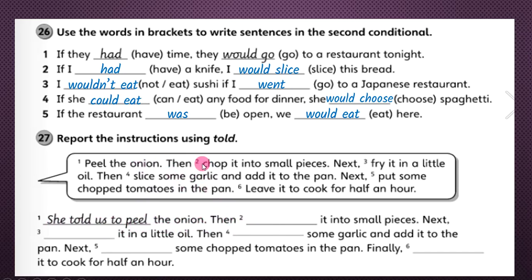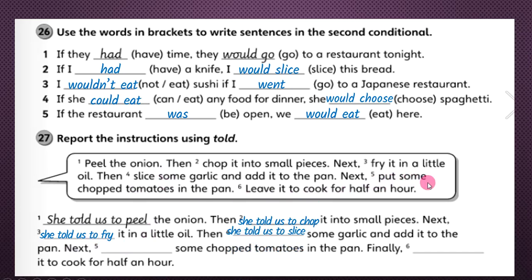Then, what was the second thing? Then she told us to chop it into small pieces. Next, she told us to fry it in a little oil. Then, what's number 4? Slice some garlic. Then she told us to slice some garlic and add it to the pan.